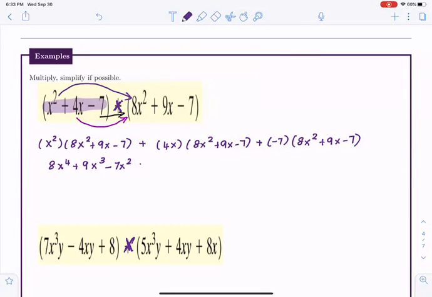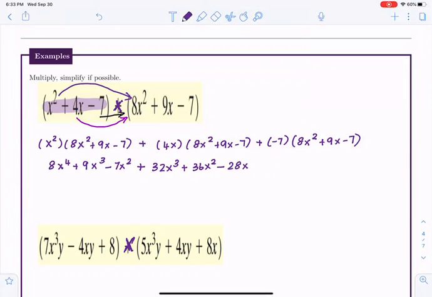There is a plus in the middle, so I'm going to put plus. We have 4x times 8x squared, which is 32x cubed. 9x times 4x is 36x squared. Negative 7 multiplied by 4x is negative 28x.